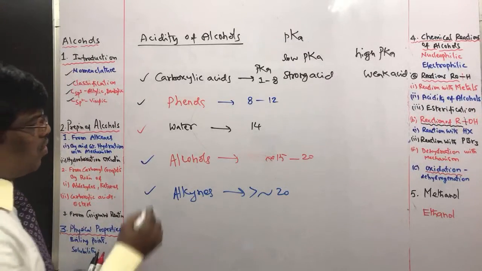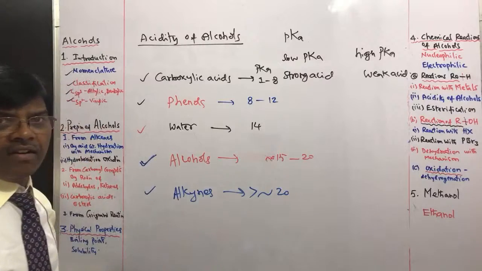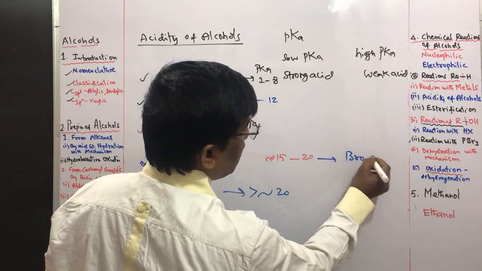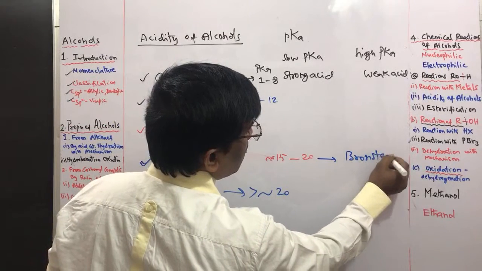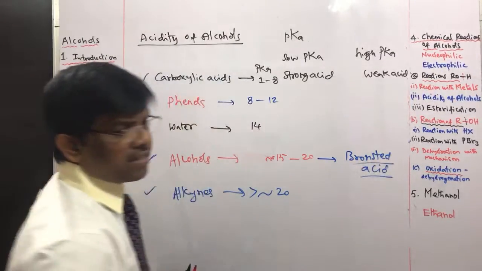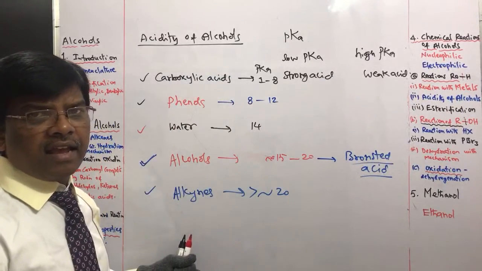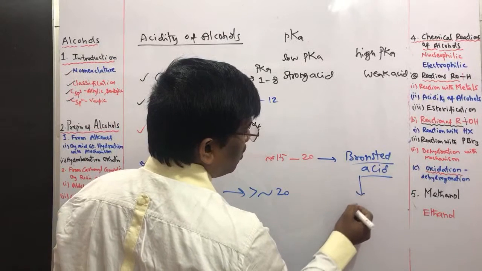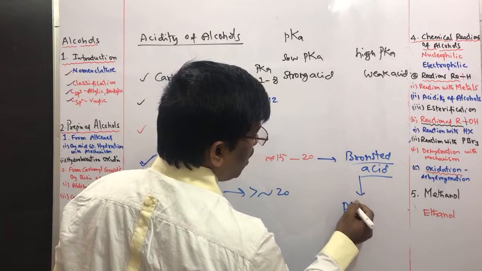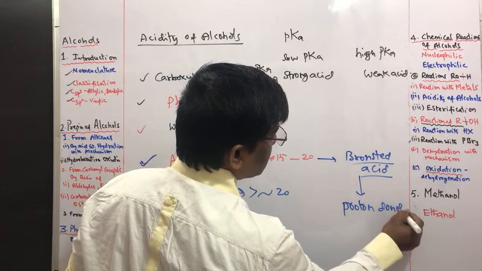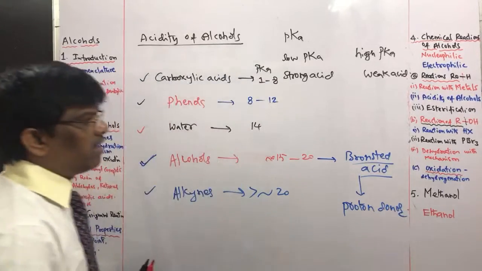Yes, students. So alcohols are acidic. What type of alcohols are acidic? These are Bronsted acids. What is a Bronsted acid? A Bronsted acid is an acid which donates a proton, a proton donor.